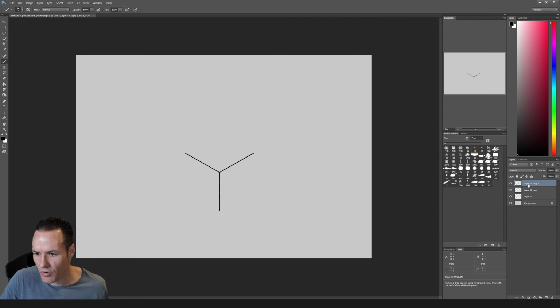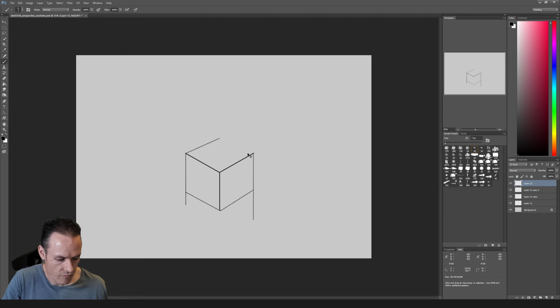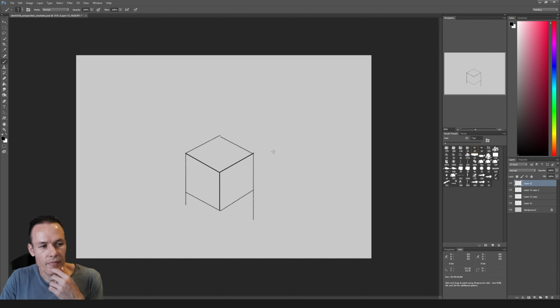So you have your axis, and then around that axis you can draw more lines that will then make up, well, it's the problem that if you're not accurate, this doesn't work so well. So that will then constitute your square.